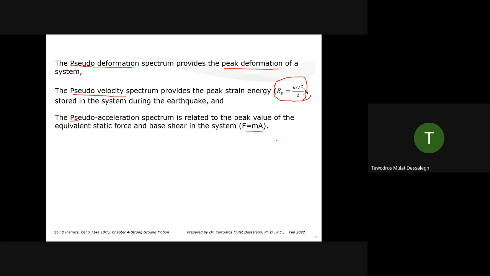Usually this is the one we use because we are interested in the force caused by the earthquake on the structures. And once we get the force, we can get our bending moments, shear forces, and everything. For our application, we mostly use this part. We use acceleration. That's the reason we use acceleration. Once you get acceleration, then you know your mass. So mass times acceleration is the force.